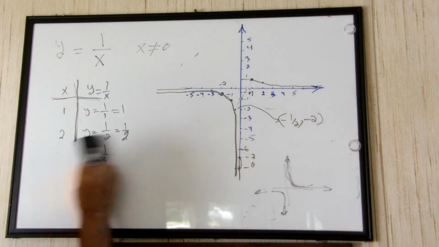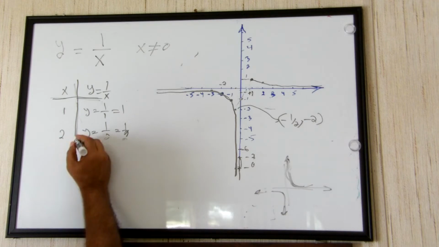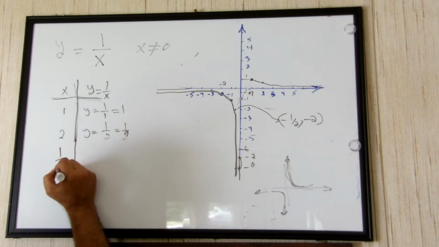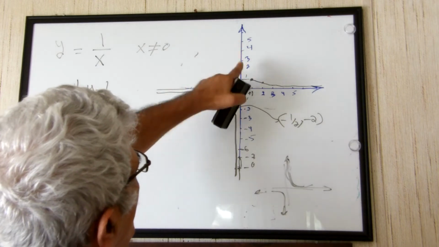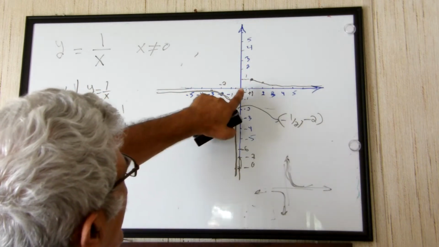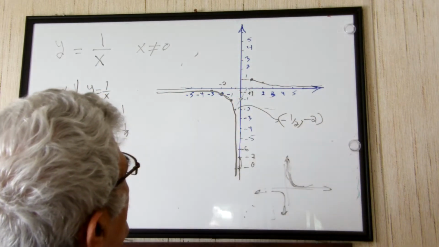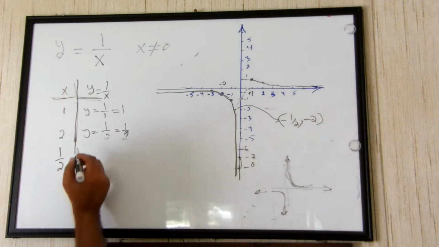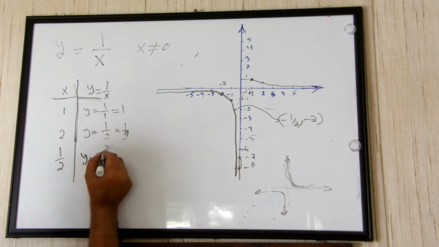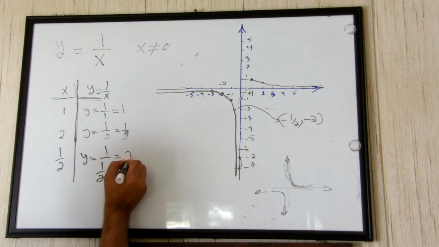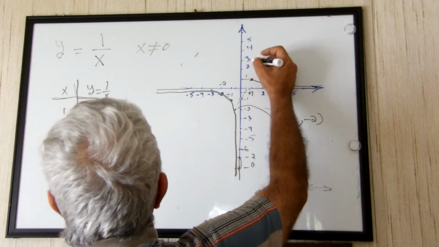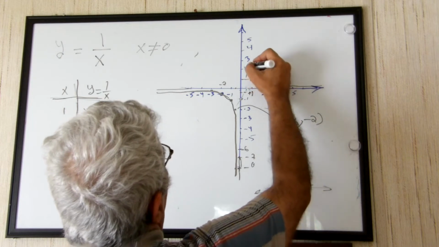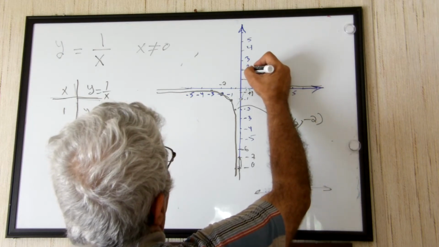How about x equals 1 over 2, which is less than this number? We want to see what the graph looks like between 0 and plus 1. Y is equal to 1 over 1 over 2, which is equal to 2. So at 1 over 2, it's going to be this point here.